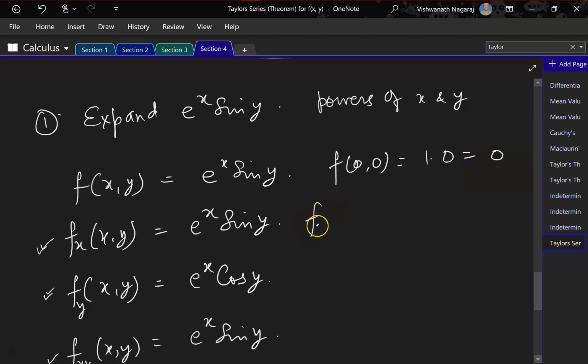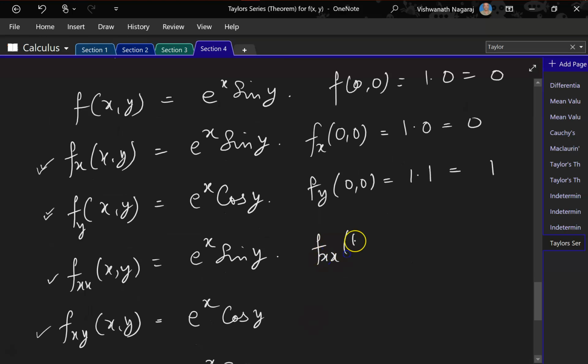Again f x 0 comma 0 is equal to e to the power of 0 is 1, sine 0 is 0. So 0. f y 0 comma 0 is equal to, now e to the power of 0 is 1, cos 0 is 1. So this is equal to 1.